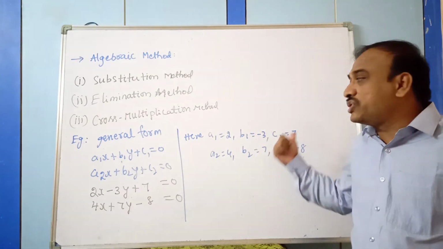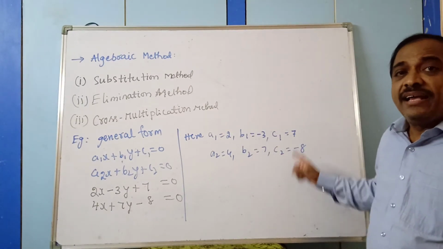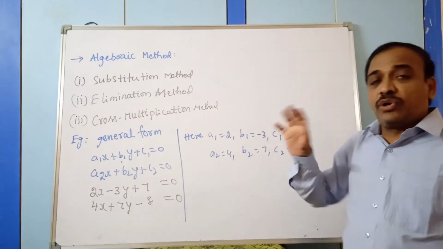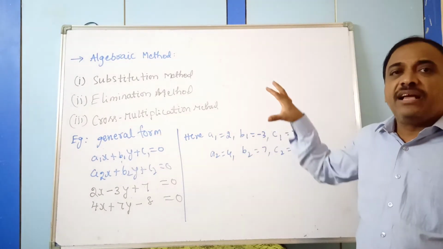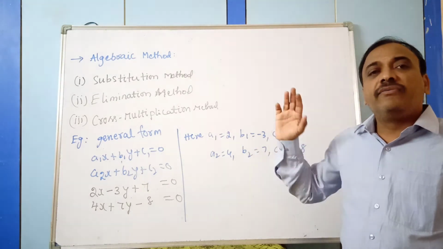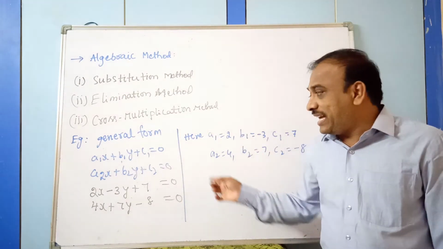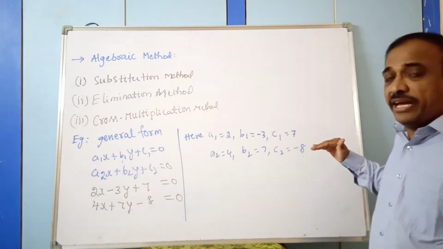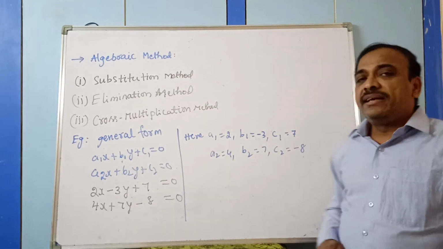I'll explain all at a time by using a table, and explain what are intersecting lines, parallel lines, and coincident lines. Is it clear how to take the coefficients and constant values? For the first equation we take A1, B1 and C1. For the second equation we take A2, B2 and C2.